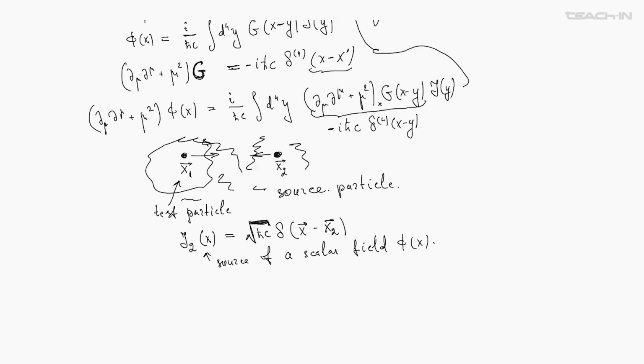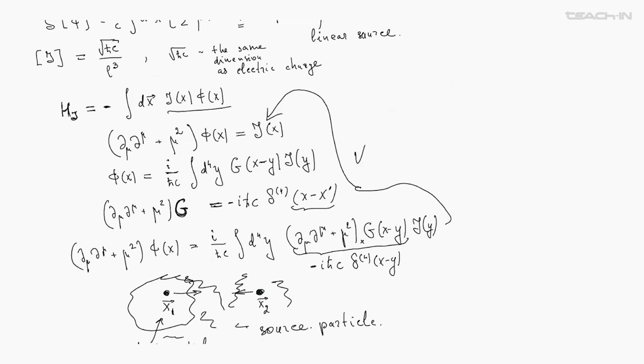When I say that this is a source, it means that I would like to use this J2 in the right-hand side of this equation. So I plug it in here, and then the response to the presence of this source will be a scalar field phi of x arising in the surrounding space due to the fact that we put this source at a position x2.